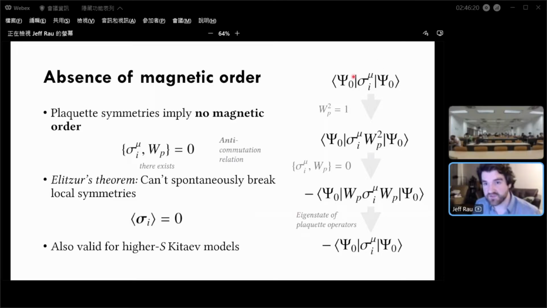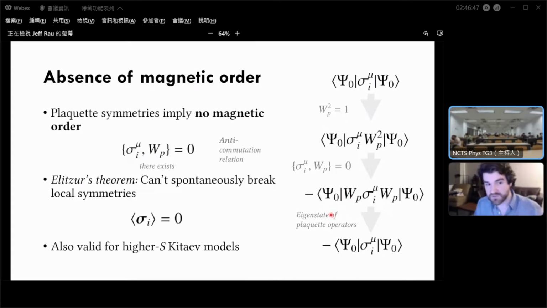Basically, what you can show is if I try to take the expectation value of a spin operator, I can stick in the square of one of these plaquette operators. If I try to push this plaquette operator through this spin, you can always choose this plaquette operator in such a way that these two things anti-commute. So we pick up a minus sign. And then because these things are local symmetries, we know whatever the ground state is of the system, you can't spontaneously break them, right?